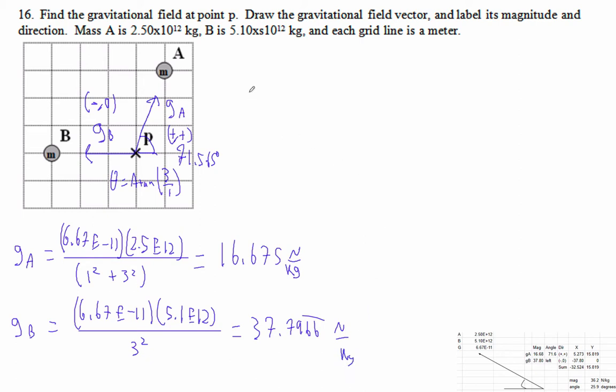Okay, so let's make our little table here. We're going to write the name of the mass, the magnitude of the G field due to that mass, the direction, the x component and the y component.